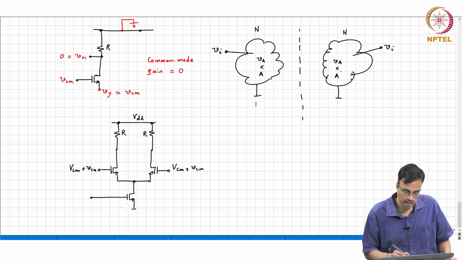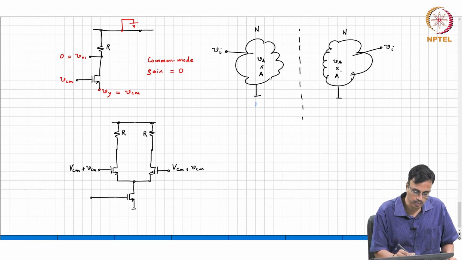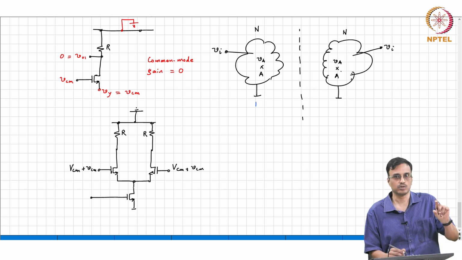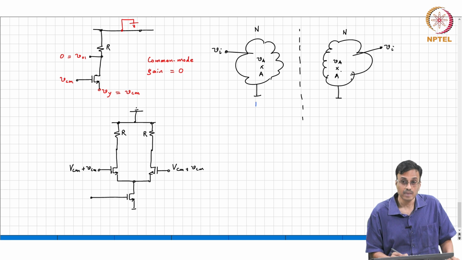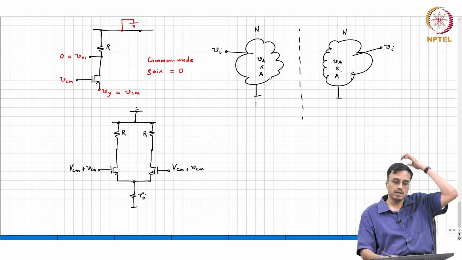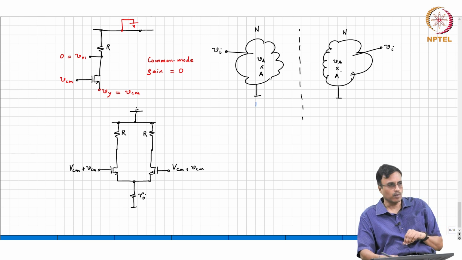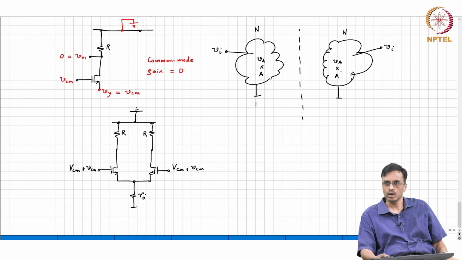So, in the incremental network, what should we replace? VDD of course will be grounded, very good. What should we replace the tail current source by? Yeah, let us call this some RO, which is the output resistance of that current source. Okay, if you want to make a better current source, what will we do?